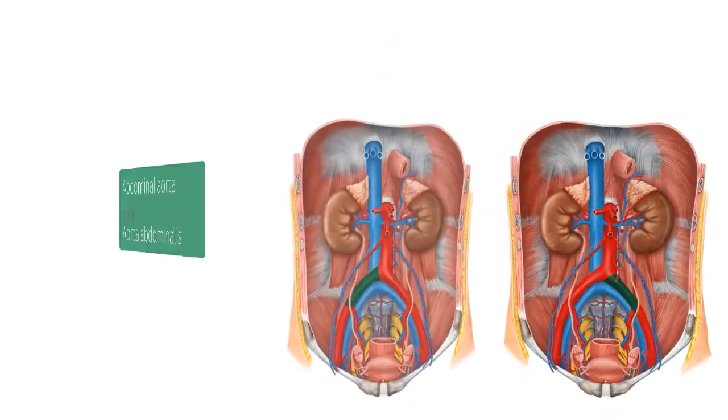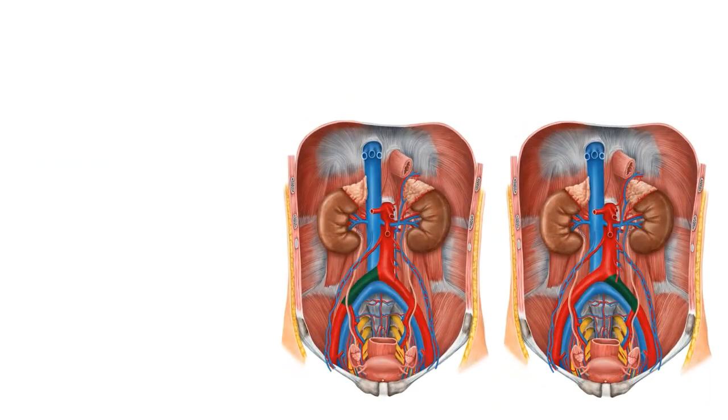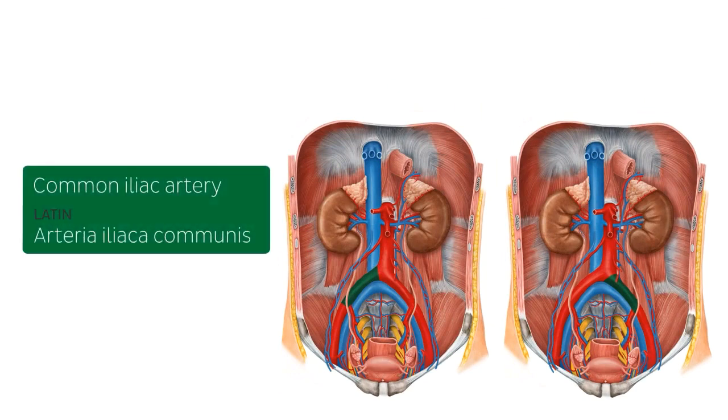Next, we're going to go a bit further down to now highlight these two structures that are known as the common iliac arteries. So here on this image, you can see the right one, and here you find the left common iliac artery. Now these arteries, as you remember from the previous slide, originate here at this bifurcation of the abdominal aorta, which happens at the level of L4.